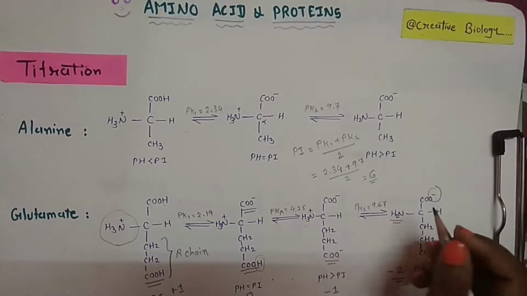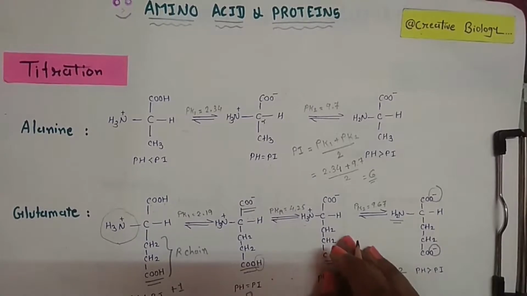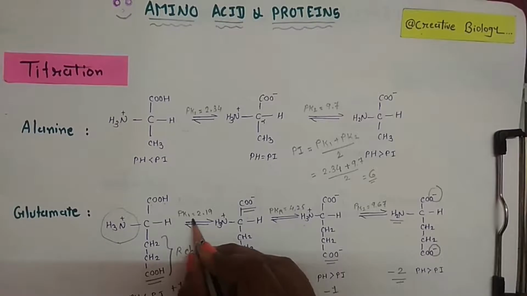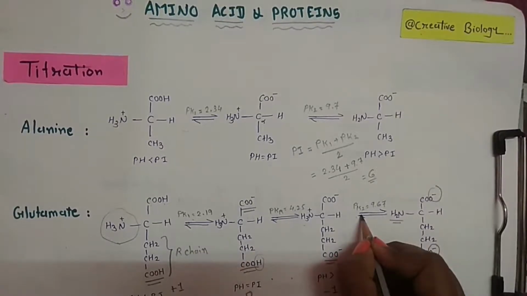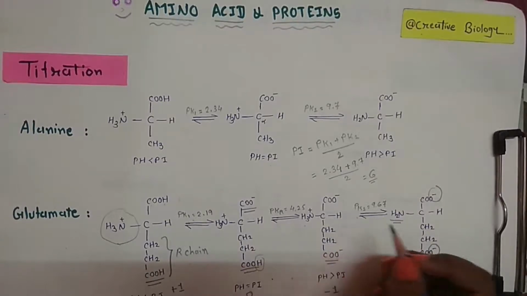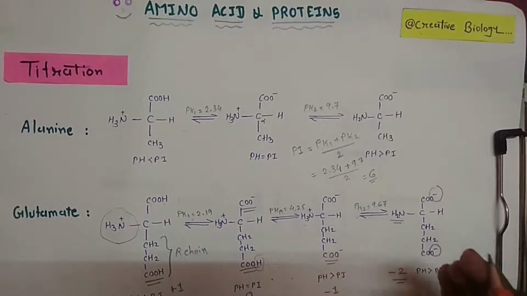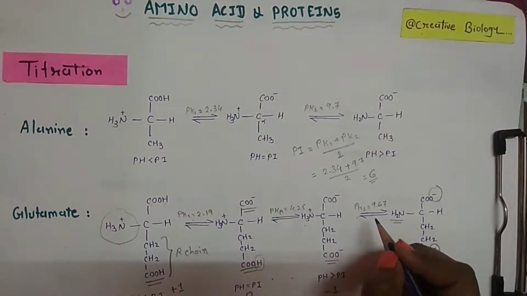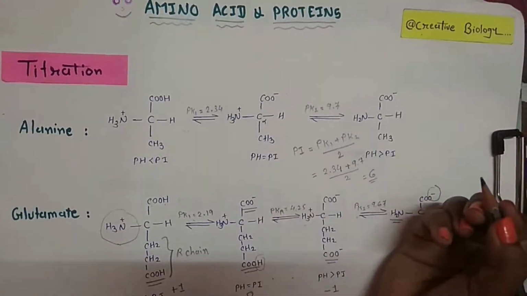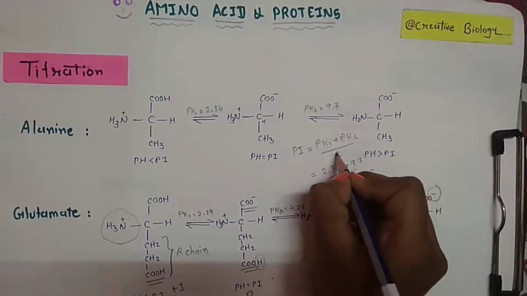But if you have to calculate the pI value of this type of molecule, how can you calculate it? If you simply take pK1 and pK2, you are unable to calculate the pI value, because that gives you a wrong answer in the case of acidic or basic polar amino acids. You have to calculate the pI value with another equation, a simple modification of this equation. Let me explain.